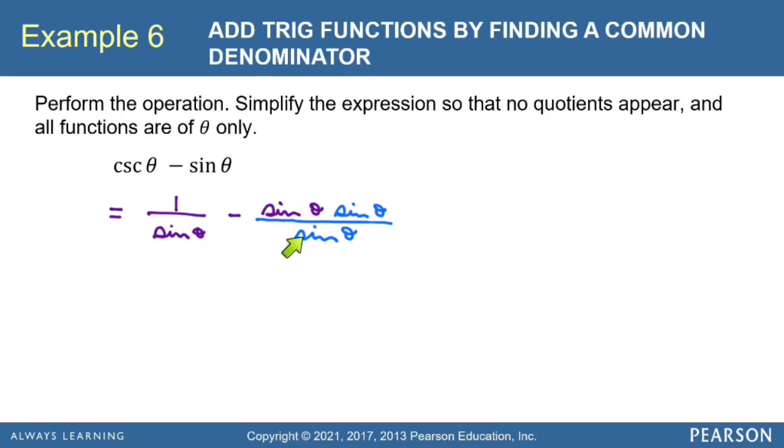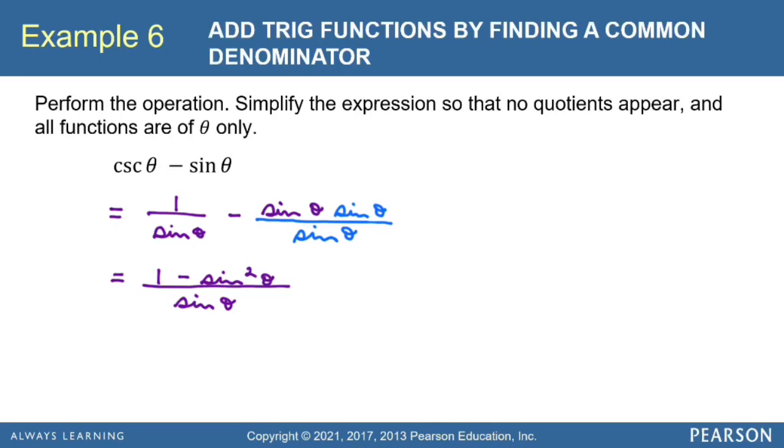So the bottom of our new fraction will be sine of theta. That's why we got a common denominator, because when you add fractions, the denominator stays the same. Okay, but now the top of our new fraction will be 1 minus sine squared of theta, because sine of theta times itself is sine squared theta. So the new top of our fraction is 1 minus sine squared theta.